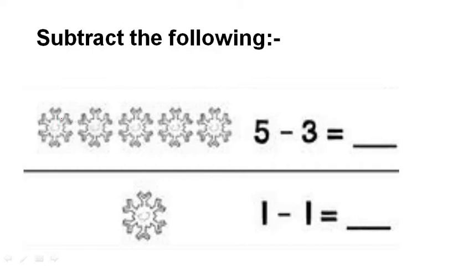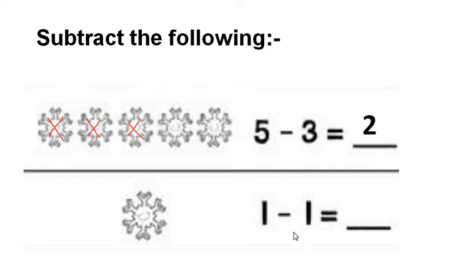So, how many objects do we have to cross out? 1, 2, 3. Now see, how many objects are remaining there? 1 and 2. So we can say that 5 minus 3 is equal to 2.